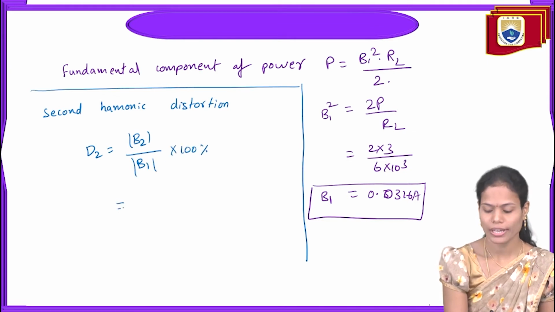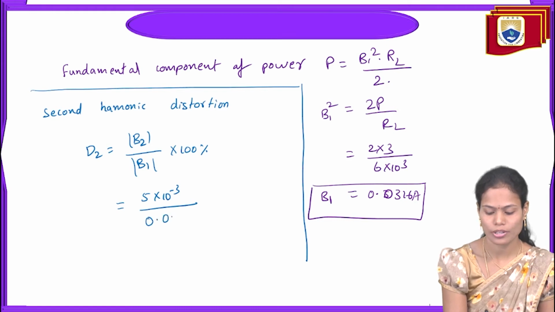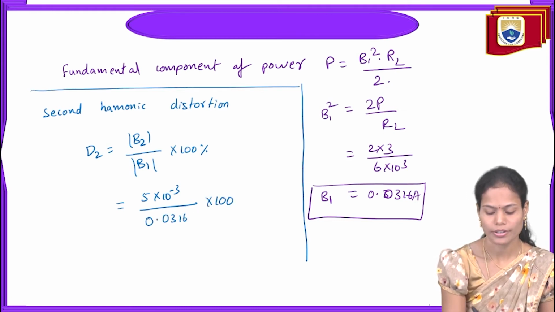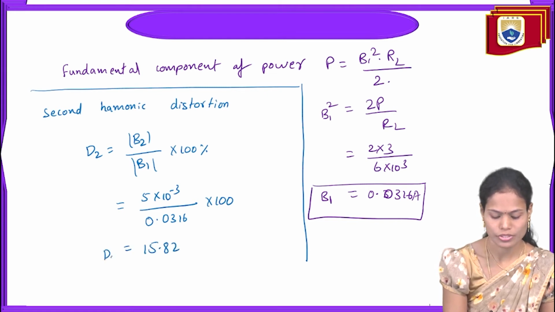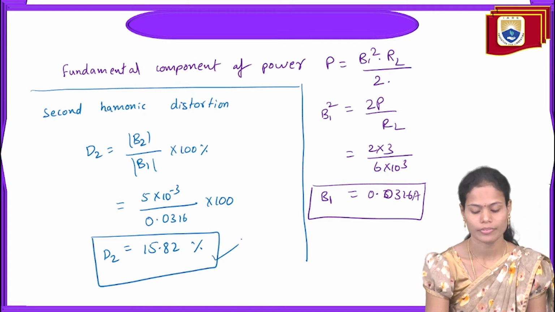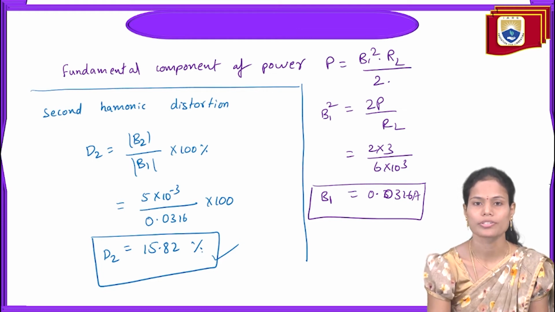Here the B2 value we have already calculated as 5 milliamps, and the B1 value is 0.0316 amperes, into 100%. So that is 15.82% of second harmonic distortion present in the given class B power amplifier. Along with the required signal, this amount of second harmonic distortion is also appearing across the class B power amplifier.